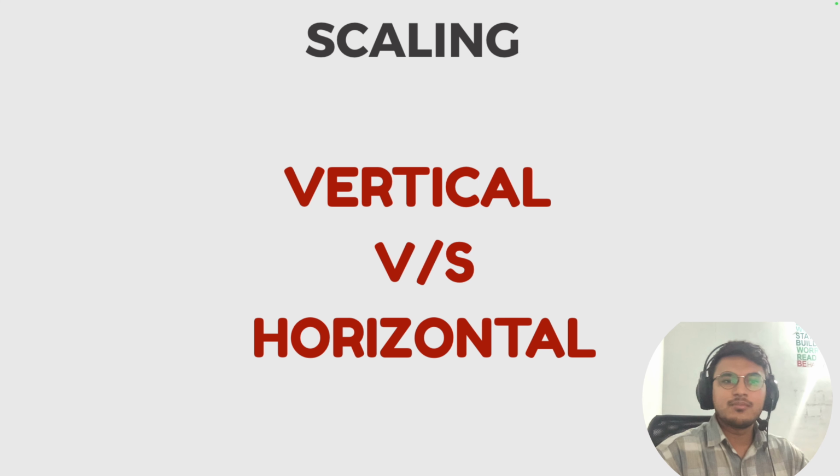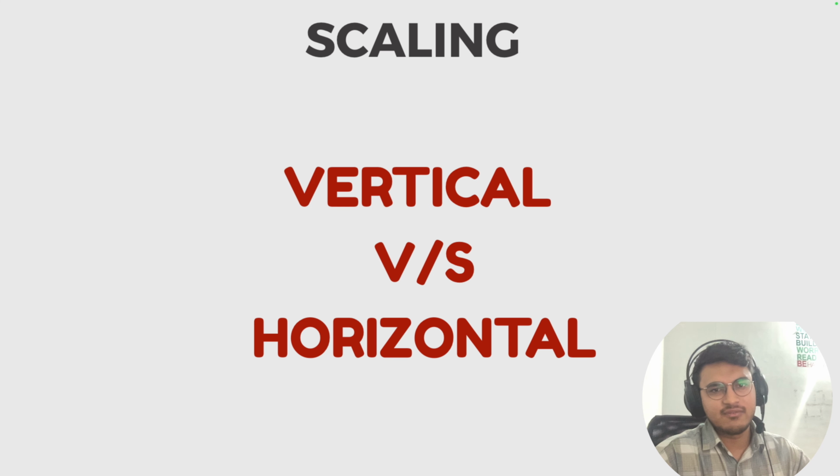Now, what are the benefits of vertical scaling? It's simple to implement because no code changes and no redesign is required, because you are just upgrading the same system, and the connections and everything are already built. What are the cons of it? The disadvantage is that every hardware has a limit. You can't keep upgrading anything forever.